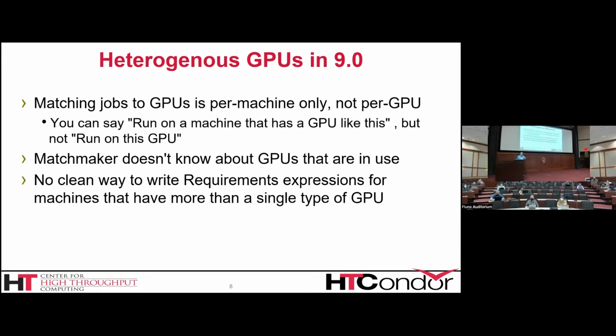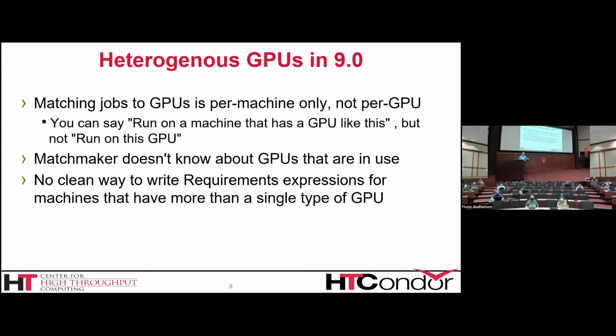In effect, what you can do in the 9.0 schema is your job can say, I want to match a machine that has a GPU of this type, but not, I want to run on that GPU.